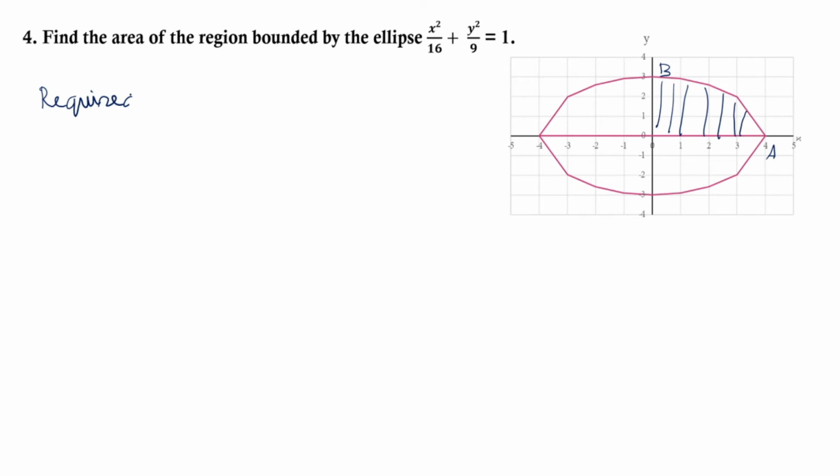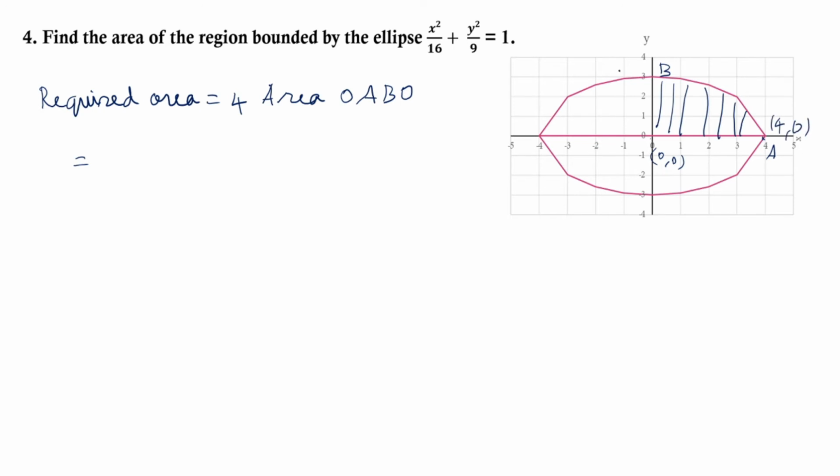So the required area will be equal to 4 times the area of OABO. Now this point is 0, 0. This point is 4, 0.